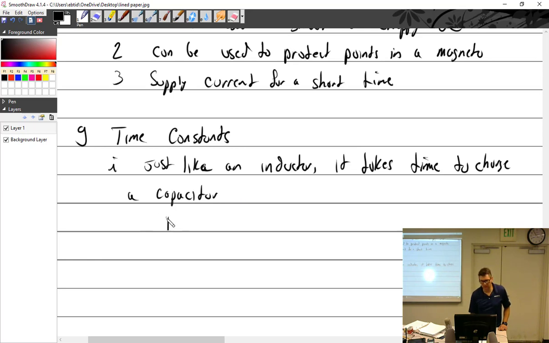The formula is time equals resistance times capacitance.